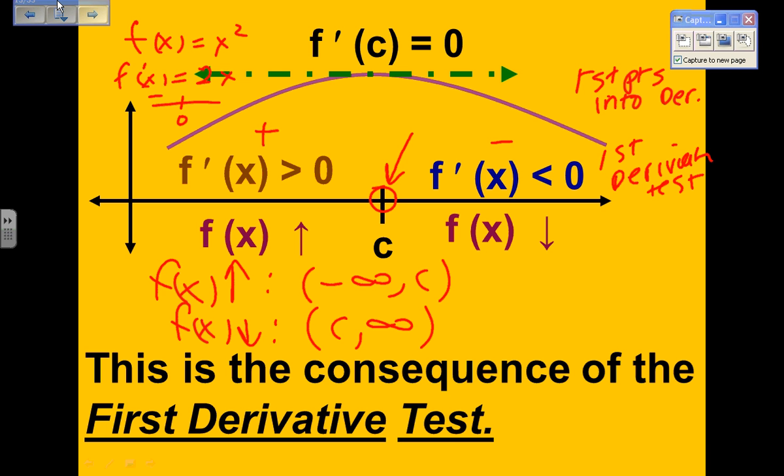You've got to put your test points into the derivative because we know the graph looks like this. So test points go into the derivative, not the function. Okay? And you all know the derivative is going to involve the product rule, the chain rule, the quotient rule, all those rules, so the functions are going to get a little bit more complex. Okay? And so are the graphs.